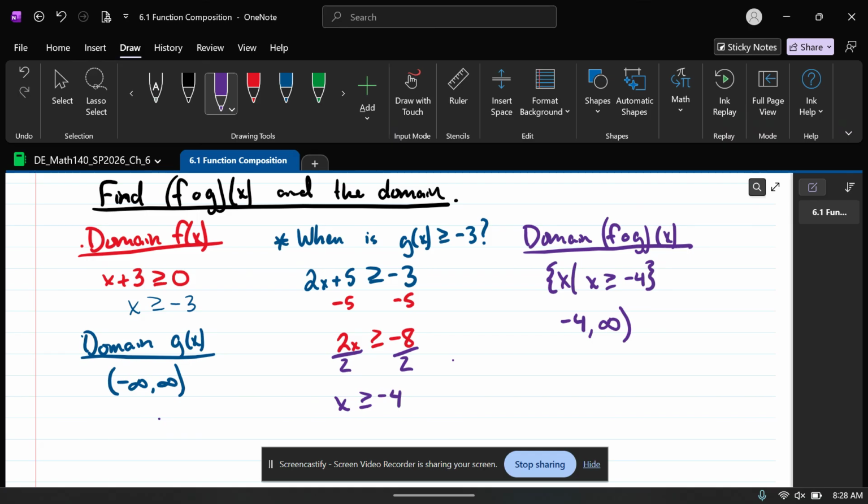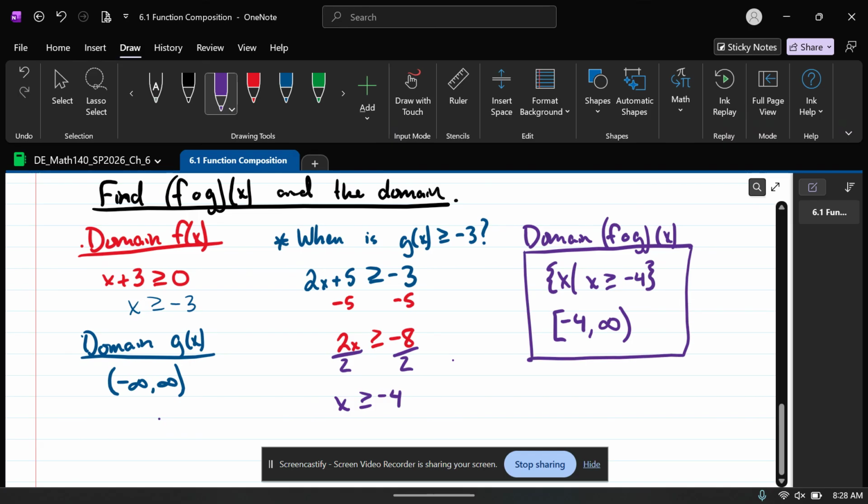Is it a parenthesis or a bracket on the negative? Bracket, because it's equal to. We hadn't done that in a little bit, so jumping back on an old horse, sometimes it gets a little tricky.